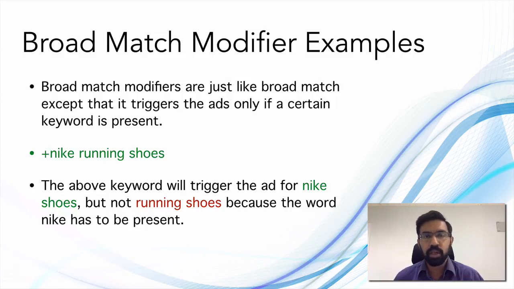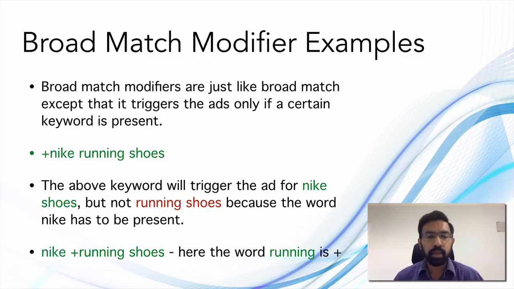In phrase match, we give the exact phrase and only words can be added in the front or after the phrase. But here we are just mentioning that one particular keyword has to be mandatory, otherwise the ad should not trigger. It's basically like having a long list of negative keywords, but we cannot develop a long list of negative keywords. So it's a little bit of opposite of negative keywords. So that's why the plus sign.